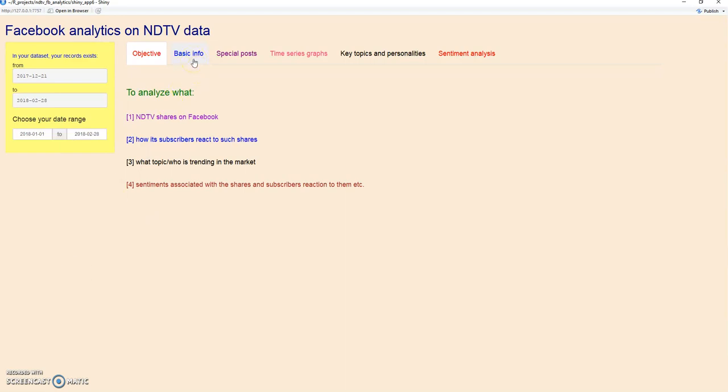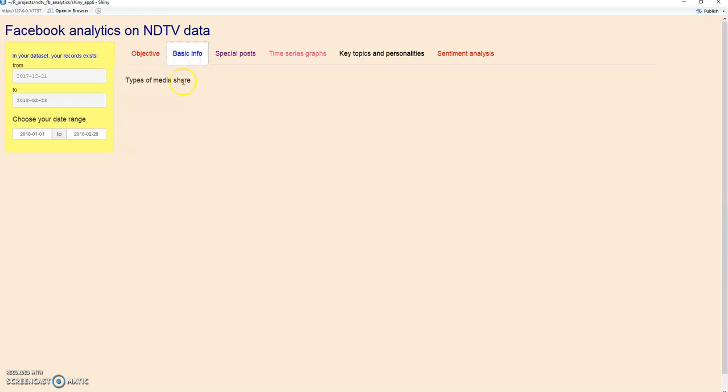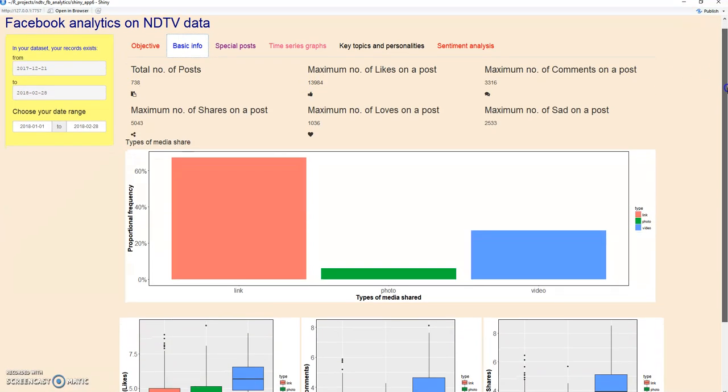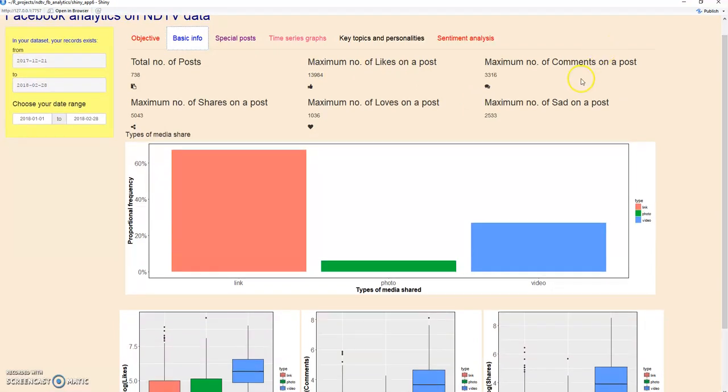Only 2 months of data I'm trying to analyze. And let's now look at the tabs and what they show in terms of information. What it shows first is that the total number of posts posted by NDTV on Facebook is 738, and then we also have the maximum number of likes garnered by a particular post, which is close to 14,000 for likes, and 3,316 for comments.